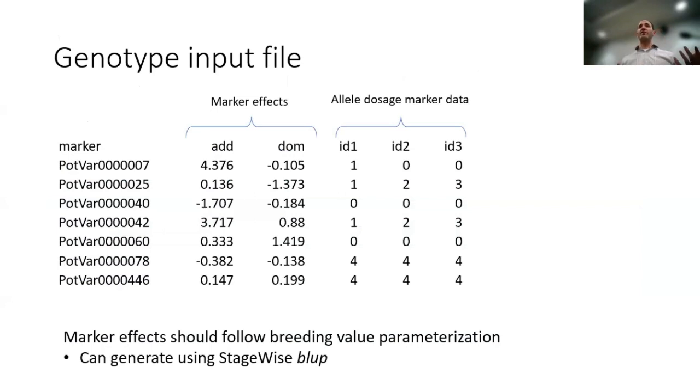It includes an estimate of inbreeding depression, which is built into the dominance marker effects. That is something that increasingly we should be considering when we build our prediction models. And then the dosage data is just standard, zero to ploidy. It doesn't have to be integers. And as I say here, you can use the BLUP function in StageWise to get this kind of information.